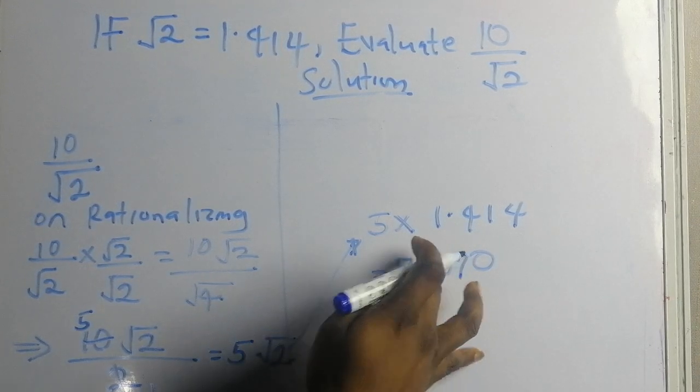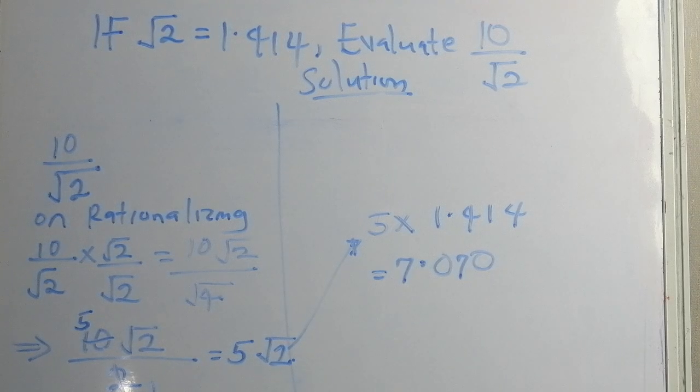So the answer at the end of the day is 7.070. Very simple. So these things are not hard.